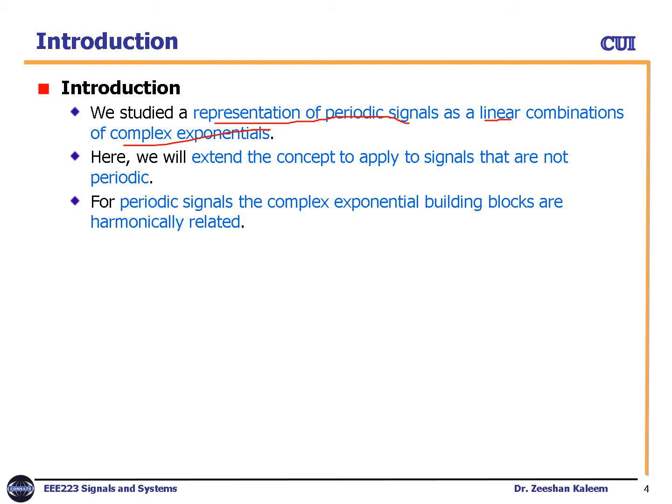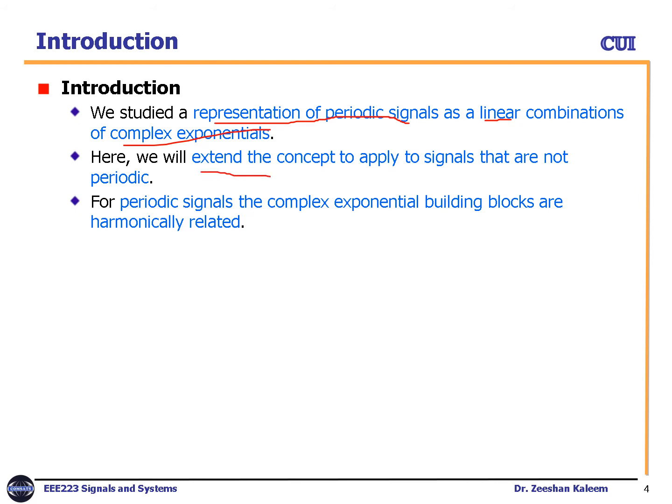Any type of periodic signal, not necessarily a sine or cosine, for example a square wave, can be written as a linear combination of complex exponentials. Linear combination means we combine various different frequency complex exponentials linearly and then create a periodic signal.